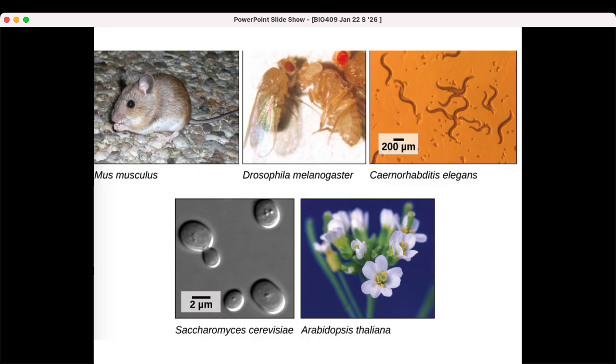We're going to have a quiz in a couple of minutes, and one of the terms is orthologs. These are model organisms because they have orthologs. They're closely related to us. And I mentioned Saccharomyces cerevisiae, which causes bread to rise. The fourth chapter we're going to talk about is the cell cycle.